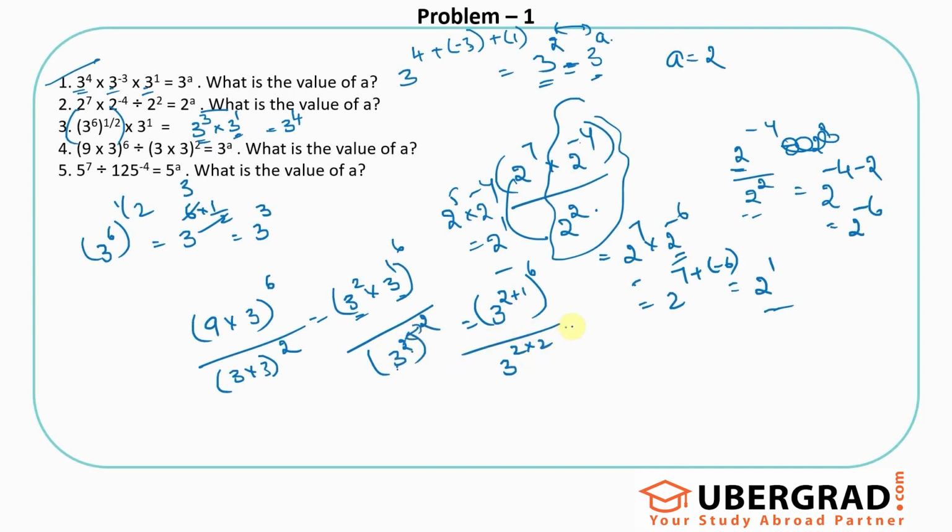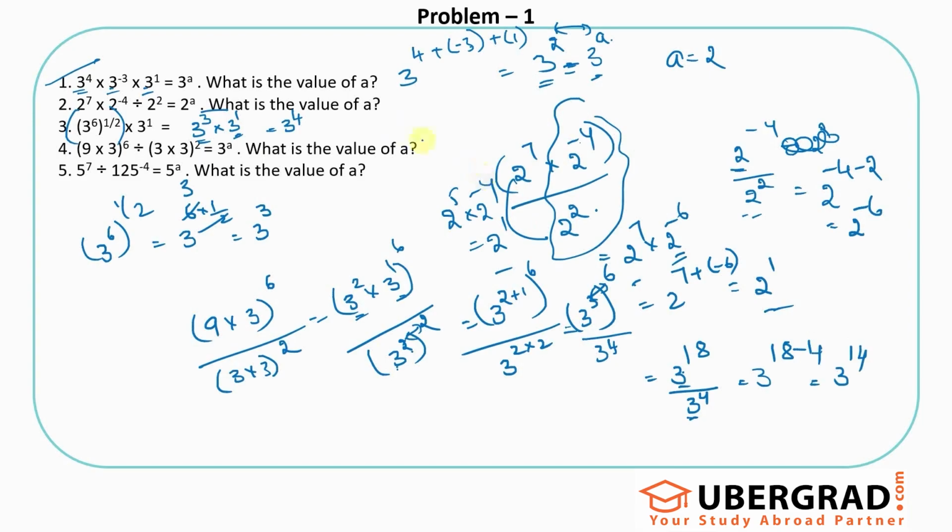So that is 3 power 4. The numerator is 3 power 3 whole power 6, again the same concept, multiply these two, so 3 power 3 into 6 is 18, by 3 power 4. Same bases divided, different powers, so I just need to do 3 power 18 minus 4, which is 3 power 14. So a is 14.